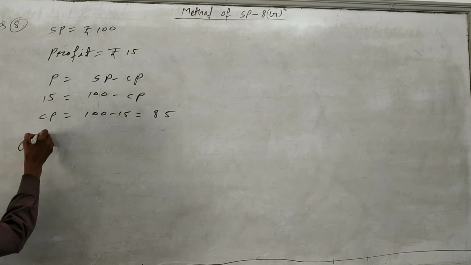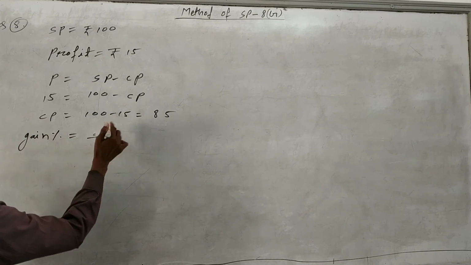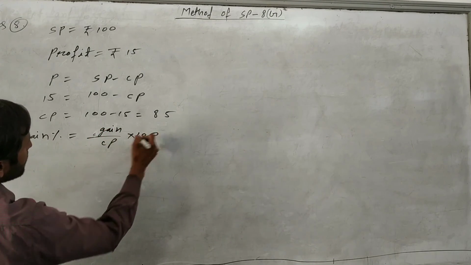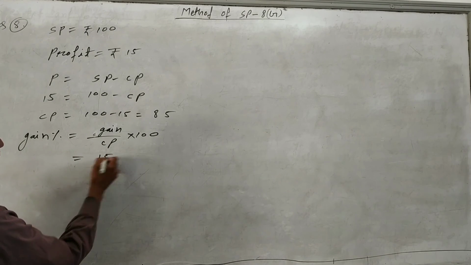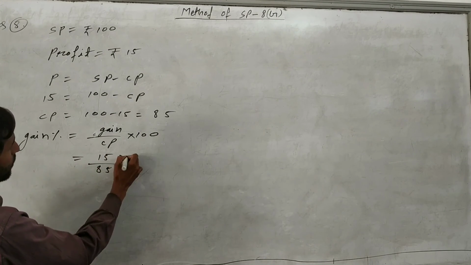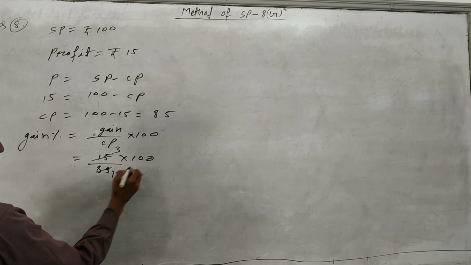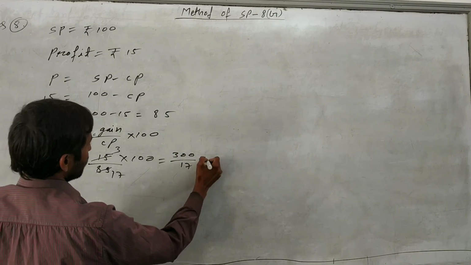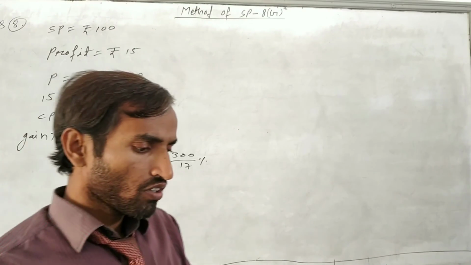Just apply the formula: gain upon CP into 100. So gain is 15 upon CP is 85 into 100. Now just cancel out here, 3 5 and 17 5. So it will come 300 upon 17. Now convert into a mixed fraction or convert into decimal. Then the final answer is about 17.6%. Okay. Now question number 9.